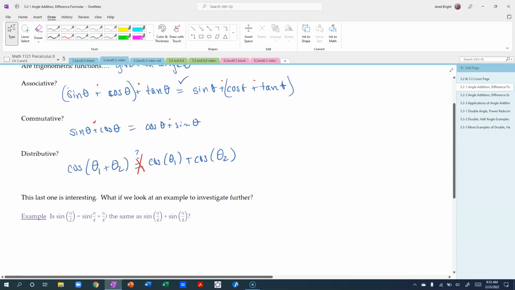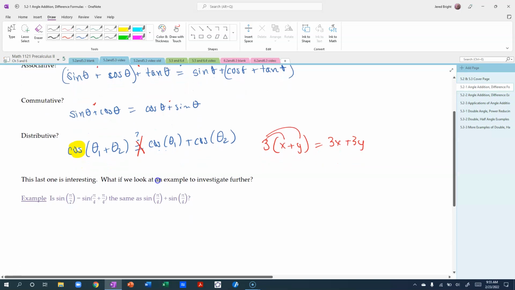At the same time, we have these things in parentheses. We've always distributed the quantity outside, right? Well, yeah, that works when we had a number, like if we had a 3 and then x plus y, we could distribute the 3 because it was a real number and get 3x plus 3y. But the problem is that we have a function out in front, so it doesn't work that way.